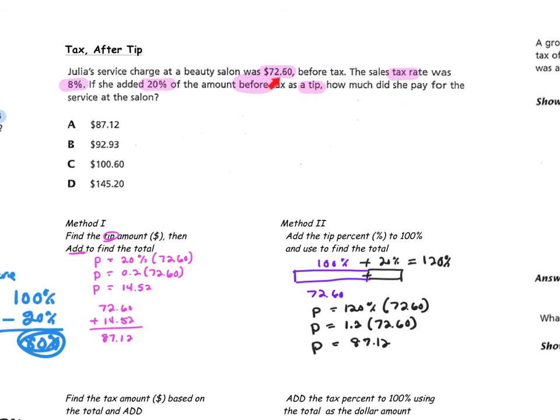Tax is solely on the amount for the service, and this is just an additional amount. So this is the amount that we're going to add on to, but we're going to base the tax on what the service charge was. So that's the total we're working with.